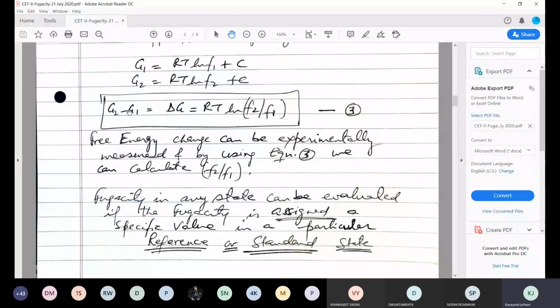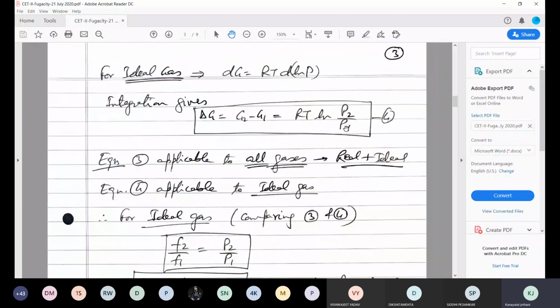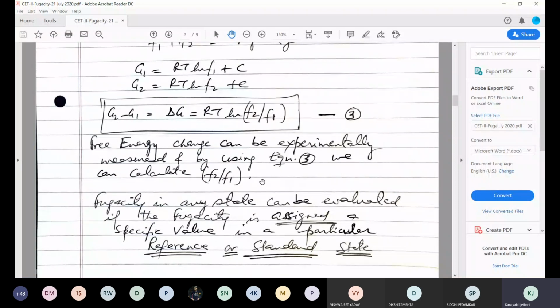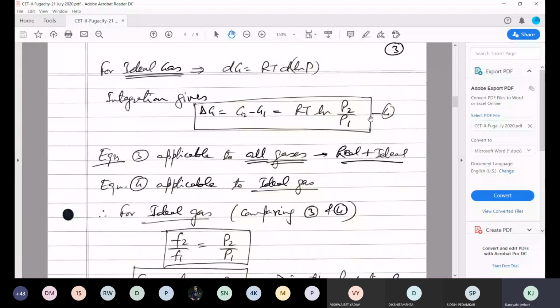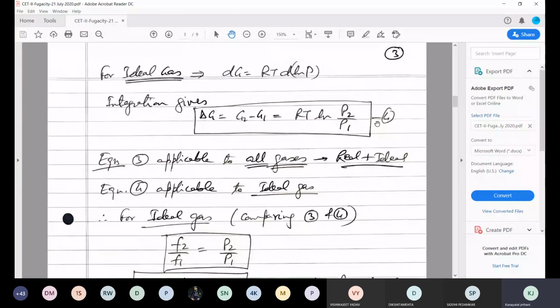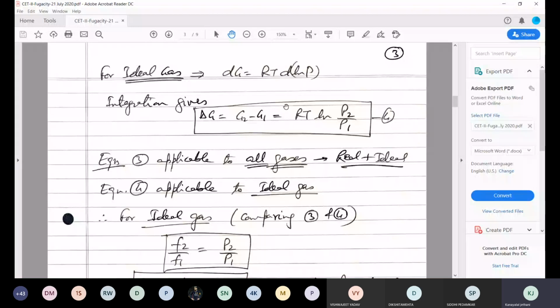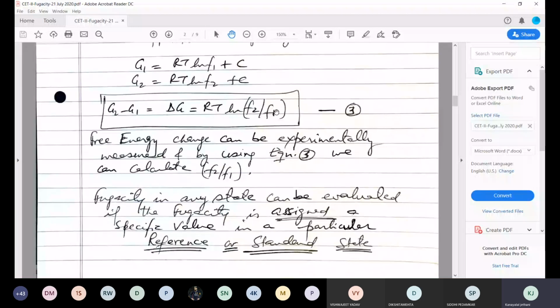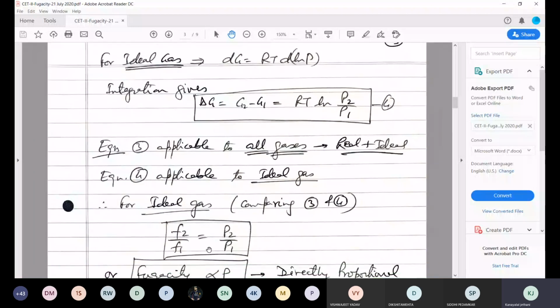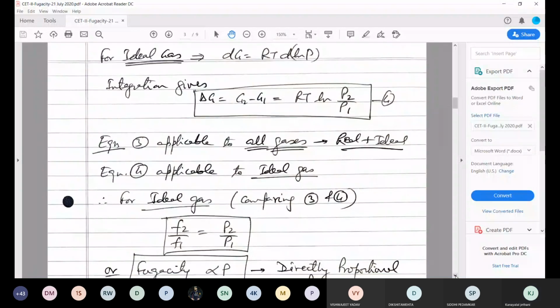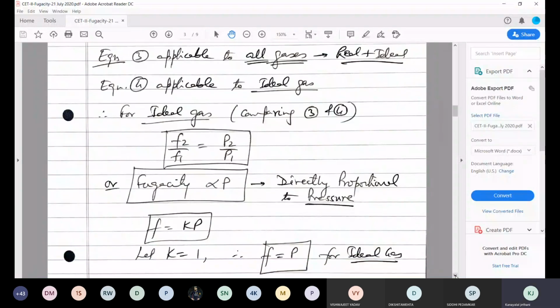So for ideal gases, this equation 3 has to be equal to this equation 4, right? Delta G from this equation has to be equal to delta G from this equation. Okay? So in that case, the right hand side has to be equal. What you get is RT ln F2 by F1 is equal to RT ln P2 by P1. RT cancels. What you get is ln P2 by P1 is equal to ln F2 by F1. That means F2 by F1 has to be equal to P2 by P1. Okay?